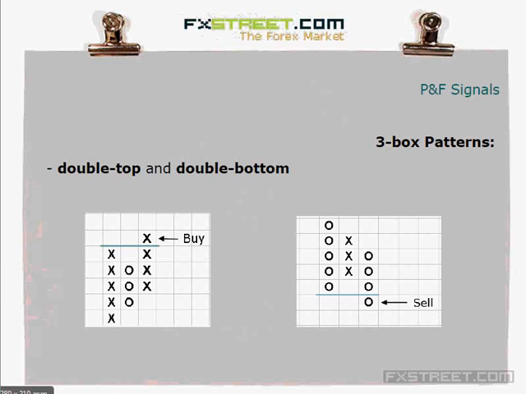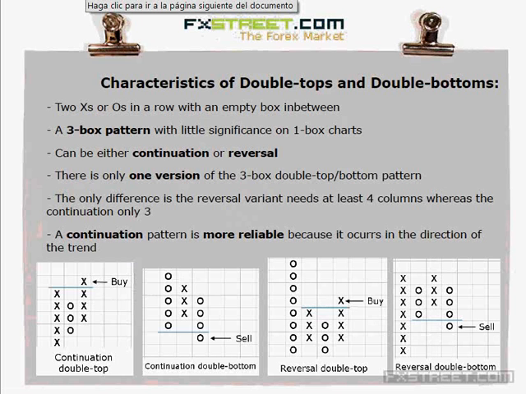The characteristics of double tops and double bottoms are very unambiguous in case of three box charts, so they are very easy to recognize. There are always two X or two O's in a row, separated by an empty box in between. So this means that you have a reversal in direction in between.